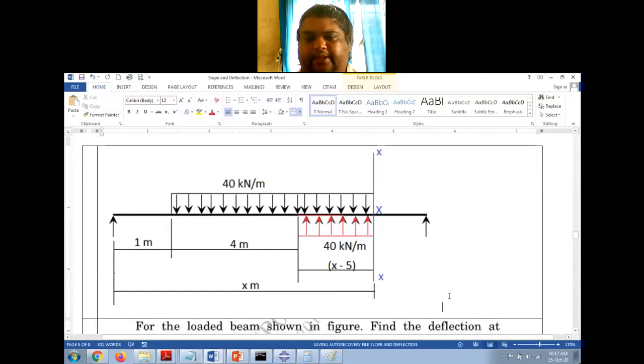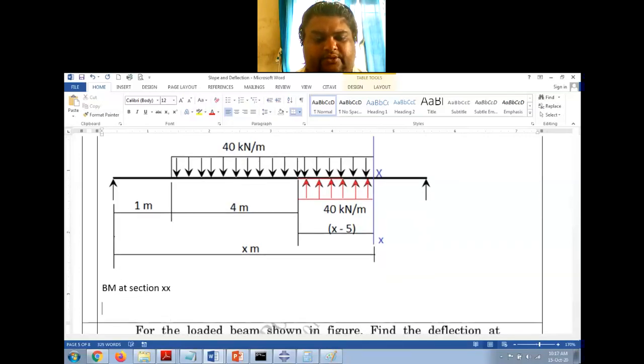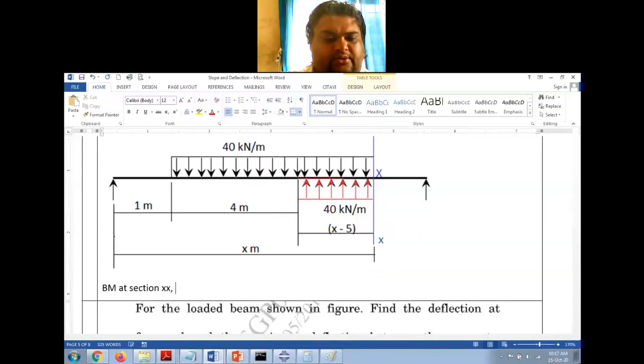Yeah, right. Now what we have to do, we have to find the bending moment at x. BM at section xx, right? So right there only.